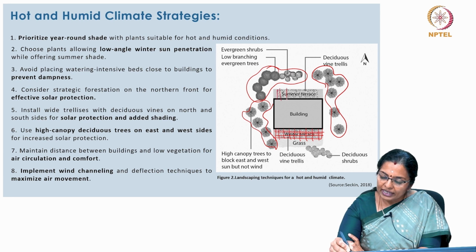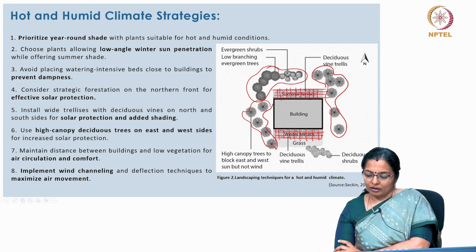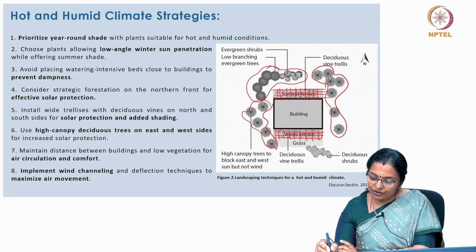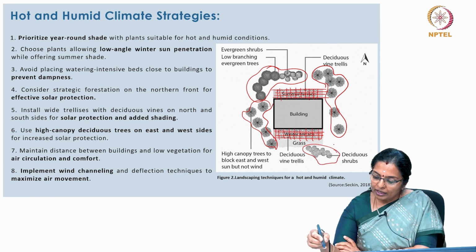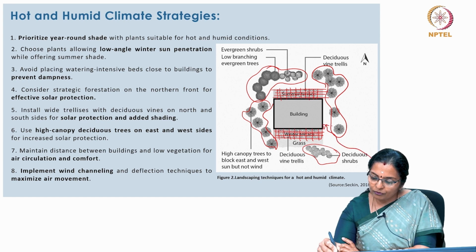Similarly, we can have deciduous vine trellis along the north direction too. There should be deciduous shrubs along the south in order to channelize wind flow.